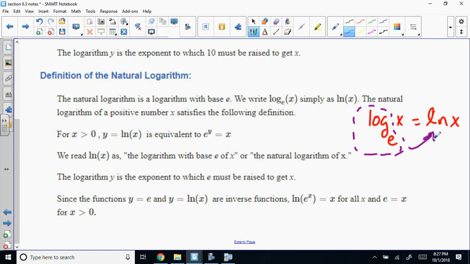So if you ever have to convert a natural log over to an exponential, rewrite the ln as log base e and then convert it, and it's a piece of cake. That kind of keeps it clean. All right. Let's see what else we got to know.